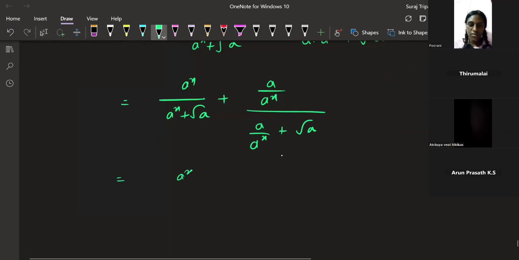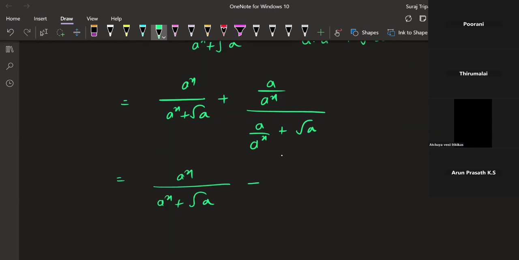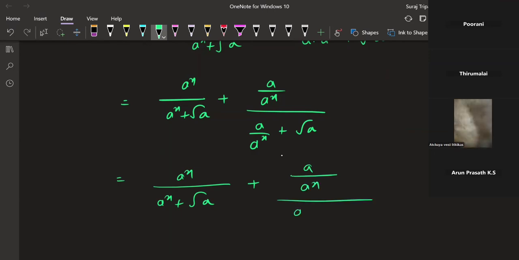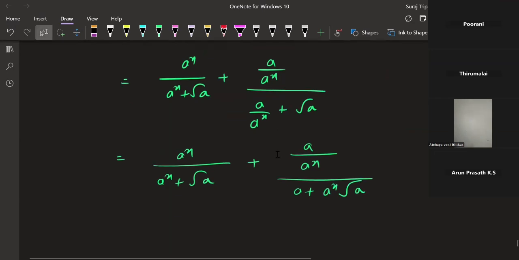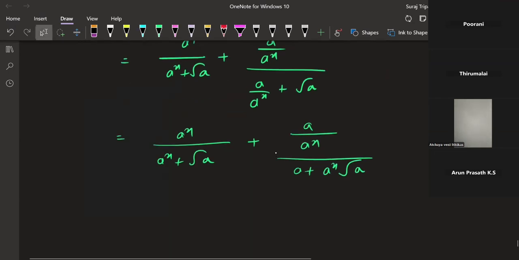So this is a raised to x upon a raised to x plus root a, plus this, here after taking LCM, you can write 1 upon a raised to x divided by a plus a raised to x root a, right? Divided by a raised to x. So this a raised to power x and a raised to power x cancel out.